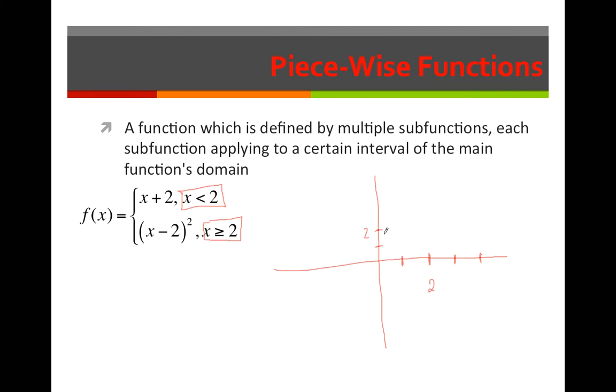Well, x + 2 has a y-intercept of 2. And notice we're looking at the left side of 2, because right here is 2, but this is less than 2, and this is greater than 2.